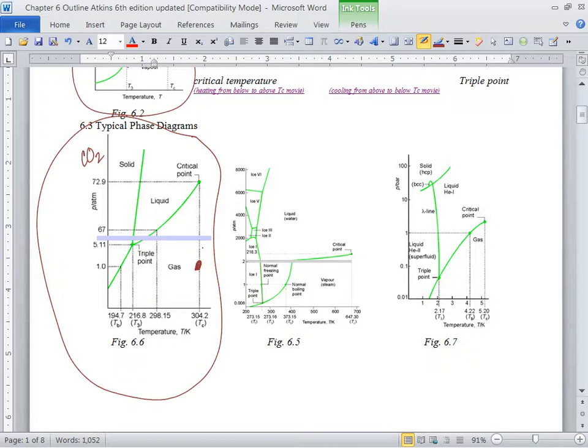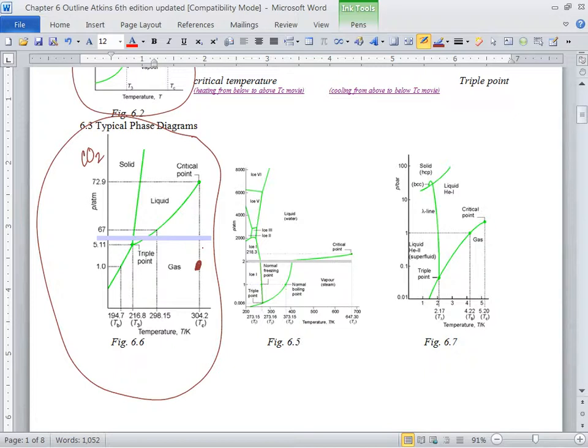you can still have it turn from a solid to a gas, but you're going to have to go through what phase? The liquid phase. If you're above 5.11 atmospheres but you're at room temp, like maybe up here, you go and buy some dry ice, but really crank up the pressure on it, yeah, it'll turn into a gas.